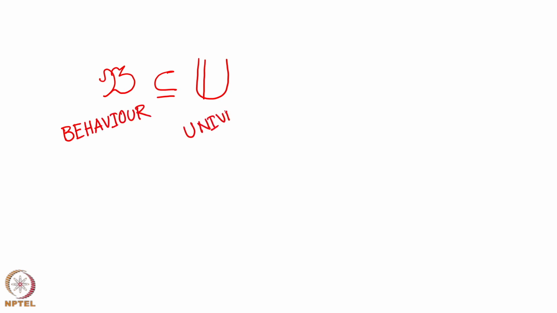behavior B of a system is a subset of all the possibilities called the universum. This is the behavior of the system. So universum is all possibilities.